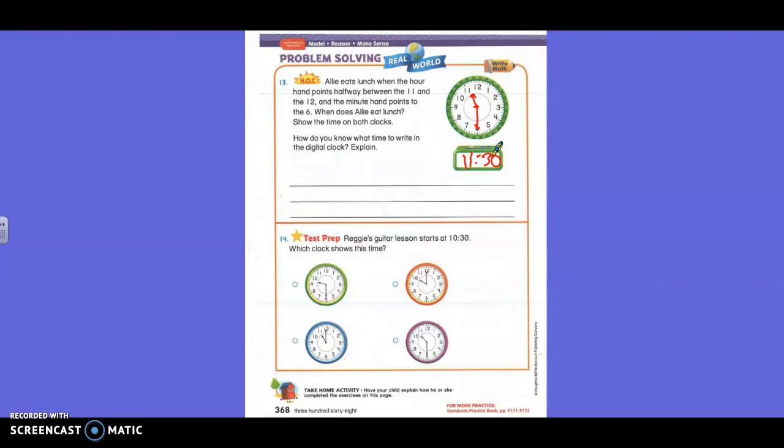But we know it hasn't gotten to the 12 yet, right? So we know it's still 11, okay? And what about the minutes? How do we know that 30 was the minutes? By counting by 5s. How many times? 6 times. Because you're at the 6. Oh, yeah.